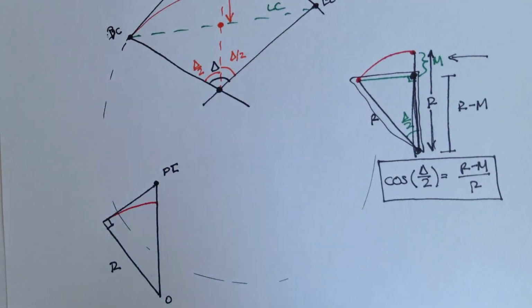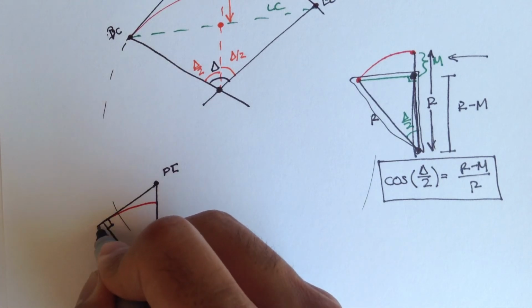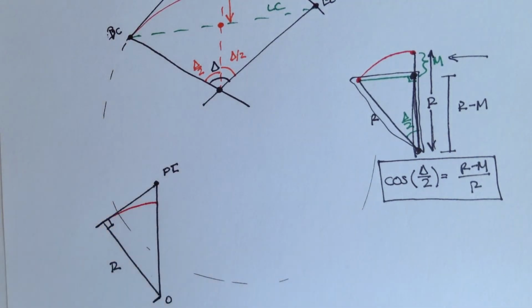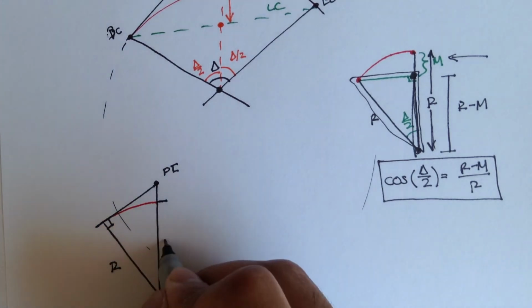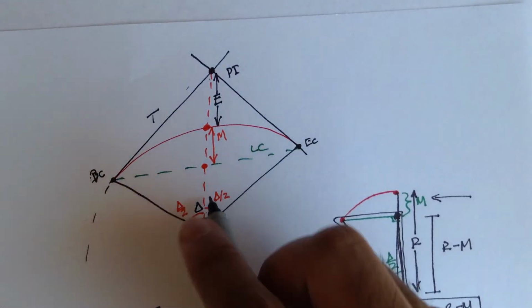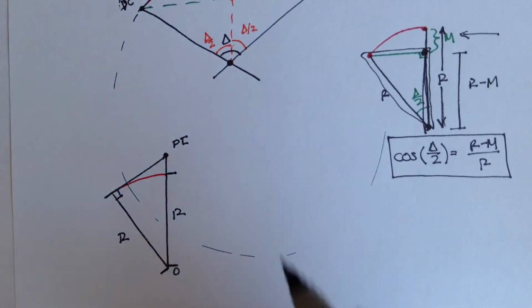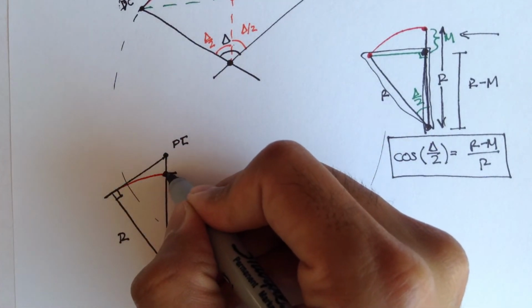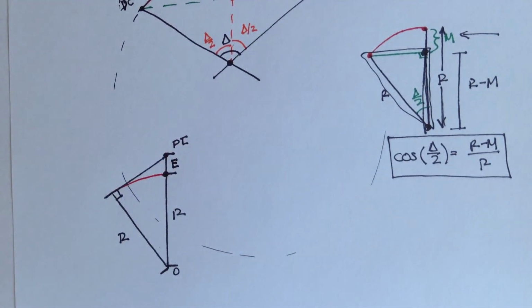We know that this distance is R, and we also know that this distance is R. The radius follows the curve. The external distance is the curve to the PI, this little distance.